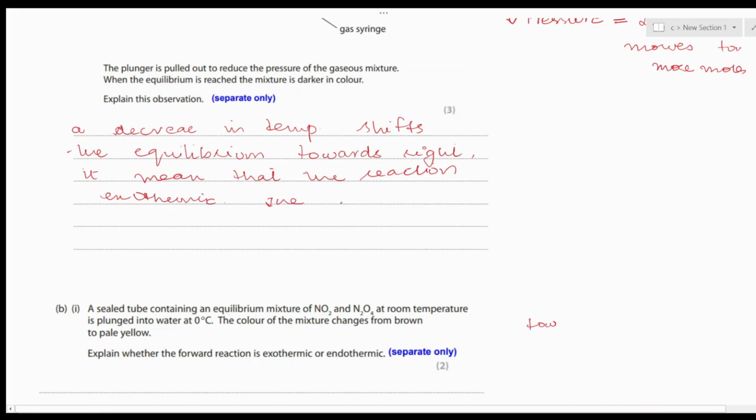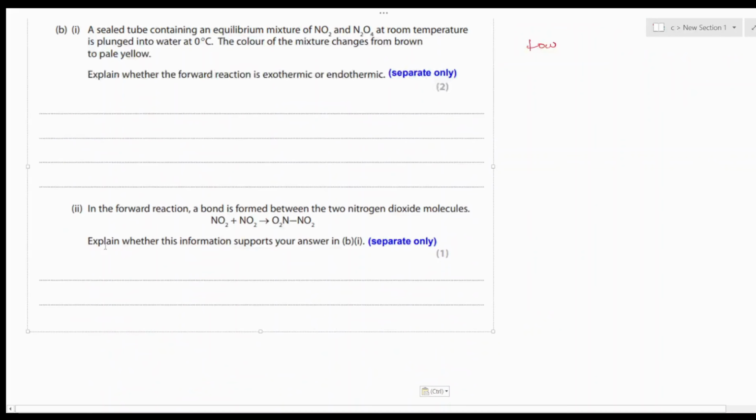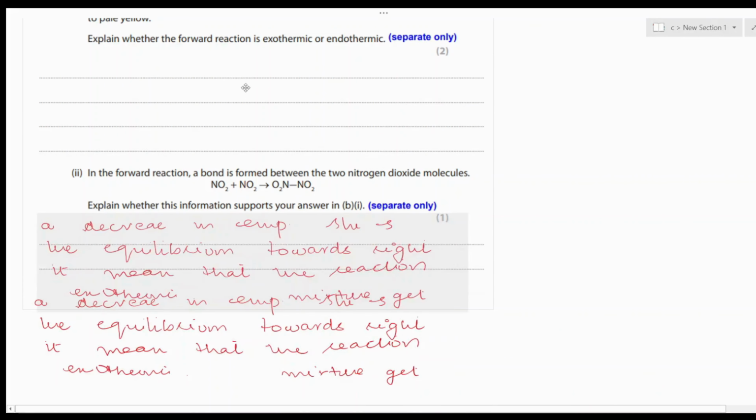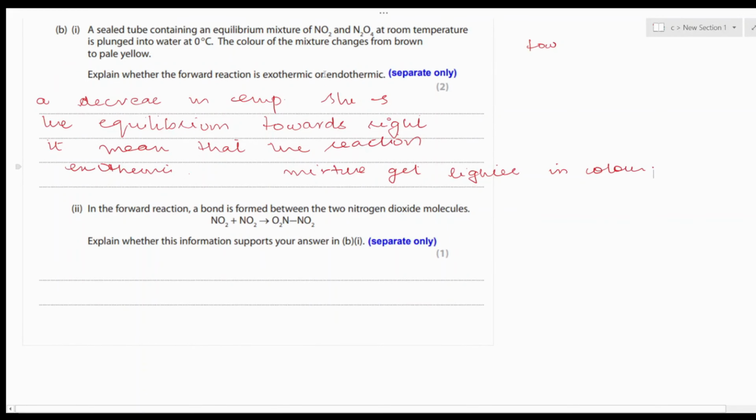The mixture gets lighter. Wait, I'm supposed to write the answer over here, not there. The mixture gets lighter in color or gets pale yellow.